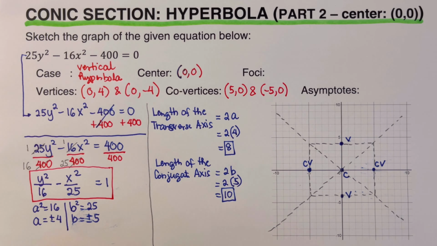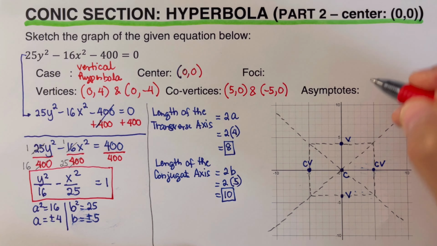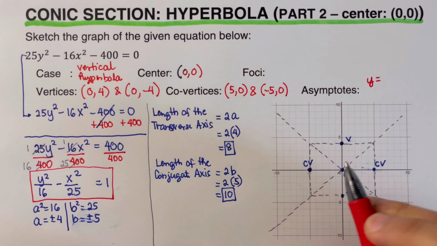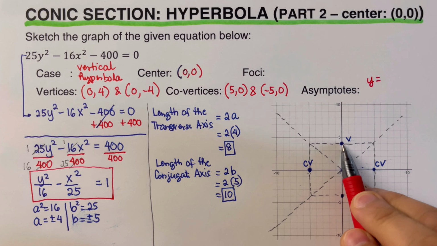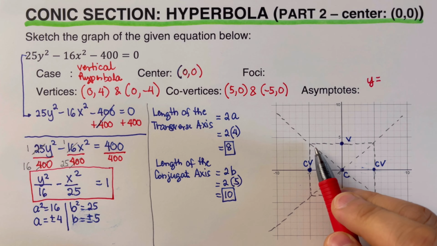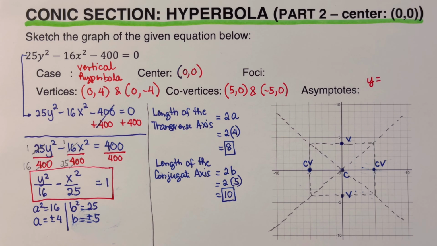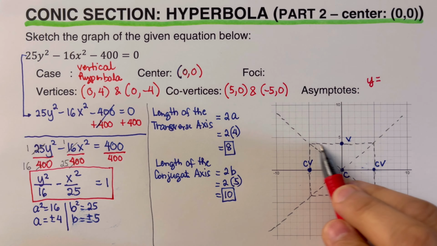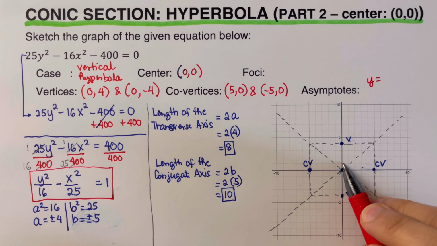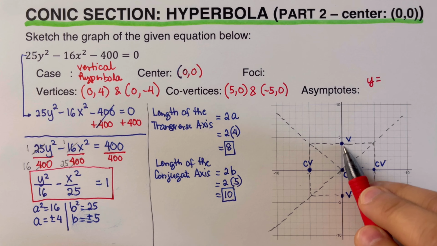Okay, the equation for these asymptotes would be, let's start with this one right here. That would be y equals, again, we always go up and over, or you can use the formula, but in order that you don't have to memorize any of those formulas, we can use the up and over. So from the center, I go up 1, 2, 3, 4.